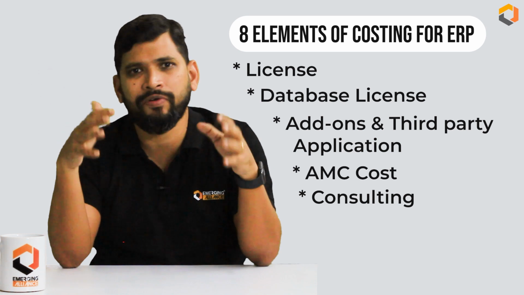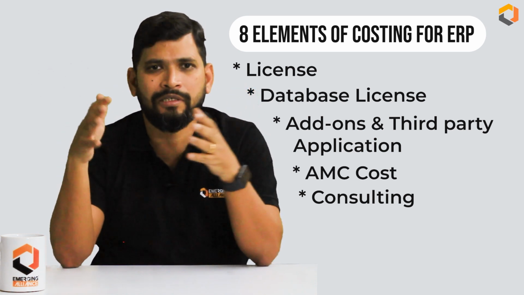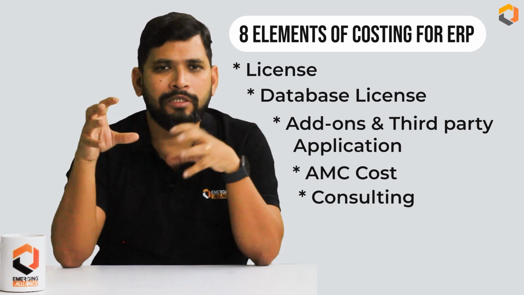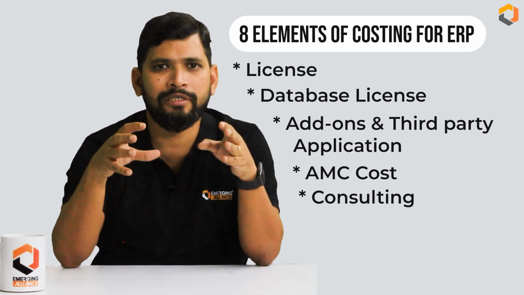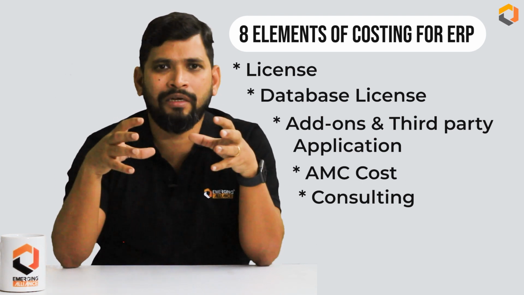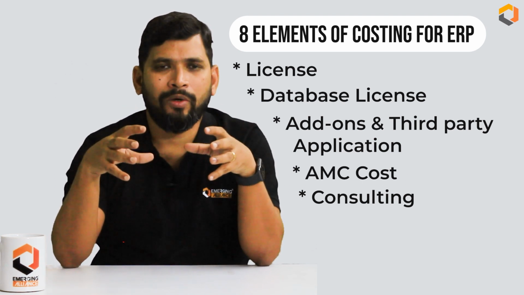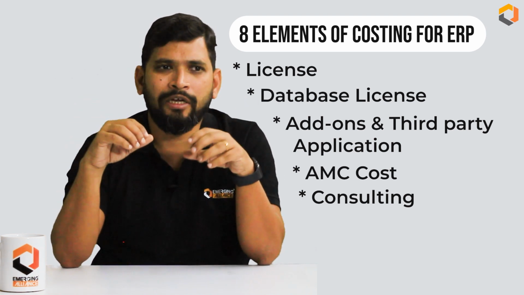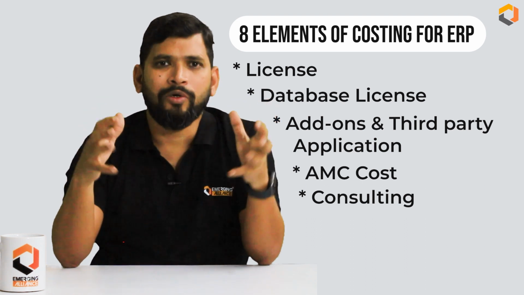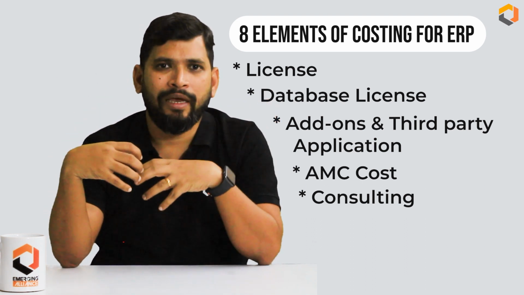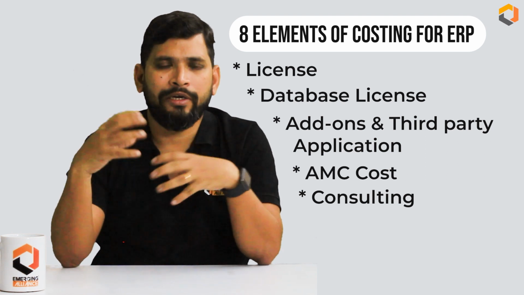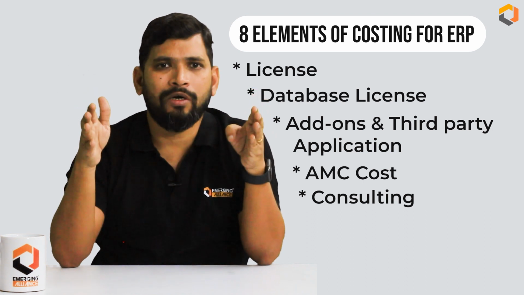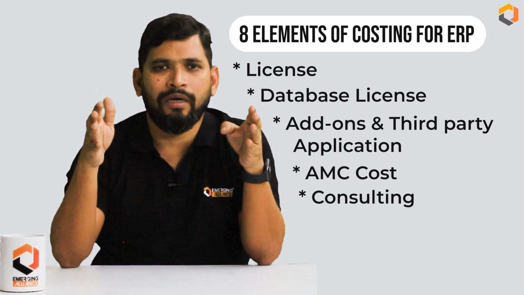It starts all the way from face-to-face interactions, conducting workshops, then configuring your requirements, business blueprinting, training your employees, and then once the training is done, validating whether the employees can do it by themselves, validating whether all the functionalities are properly working, up to the point where they take your data, migrate it into the system, and then finally run it and show it to you, train your people, and go live. All this falls into what is called the ERP consulting part.